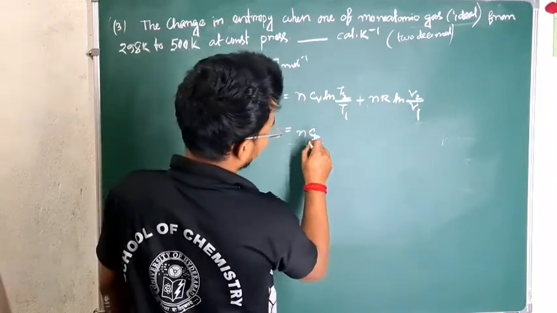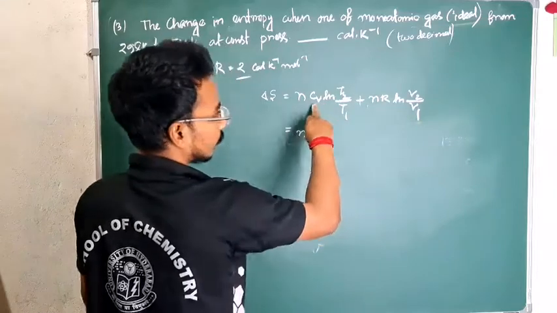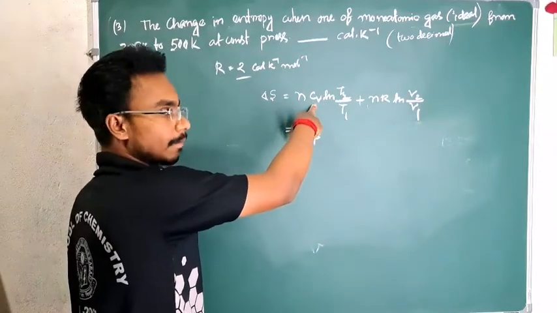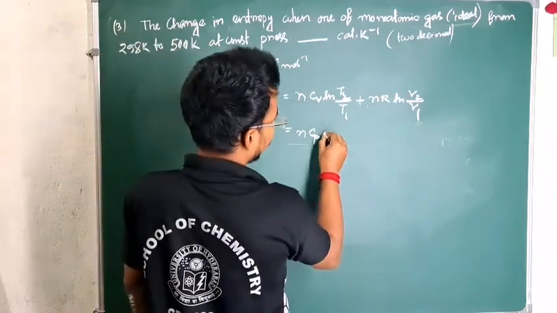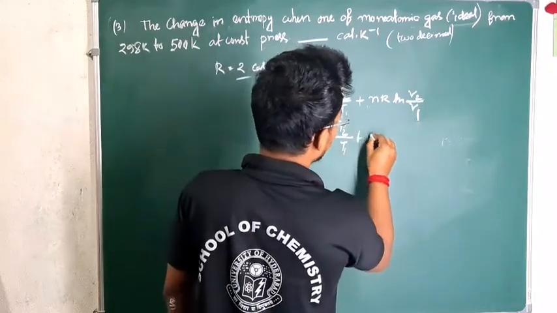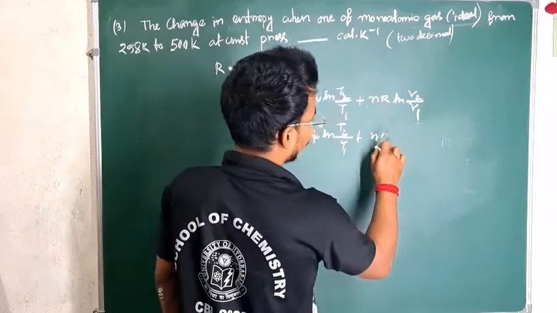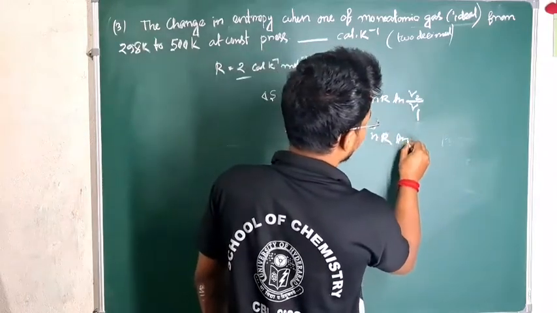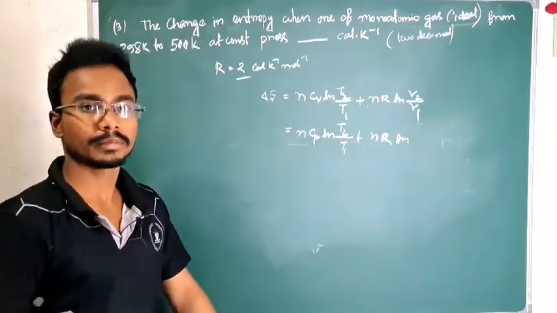So we can write NCP, here volume so here CV, now we are taking CP, plus NR ln, what should be there, P1 by P2.